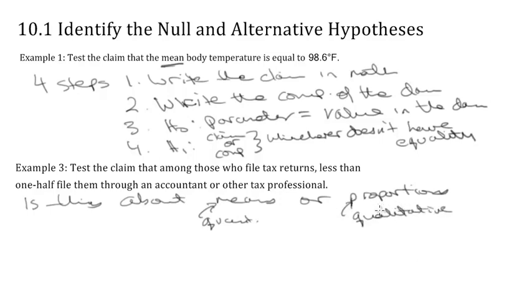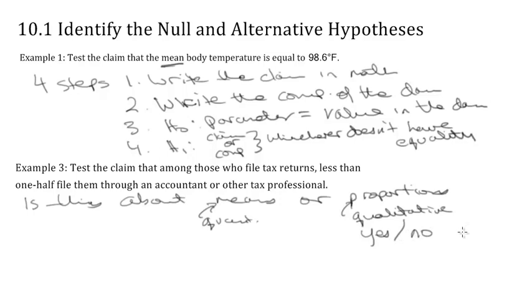And so we're going to ask ourselves, what data did we collect? Say we polled 60 people and asked them about their tax returns, 60 people who file tax returns. And what are we asking them? And what are they giving us back? Are they giving us numbers, or are they giving us categories? And what they're going to give us is yes or no answers. This is yes, I do use a tax professional.